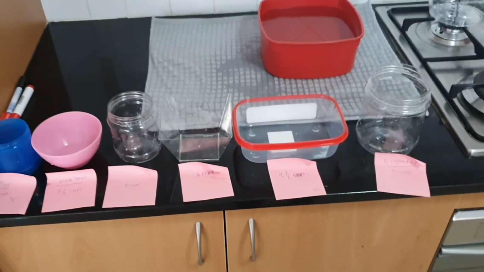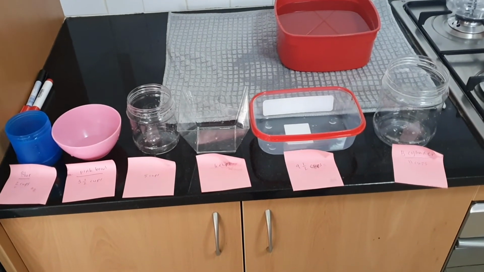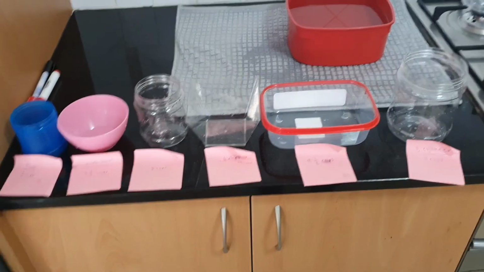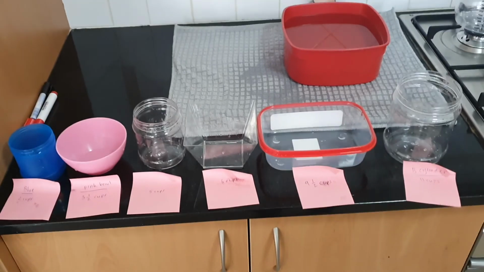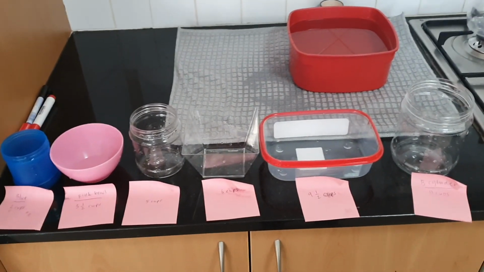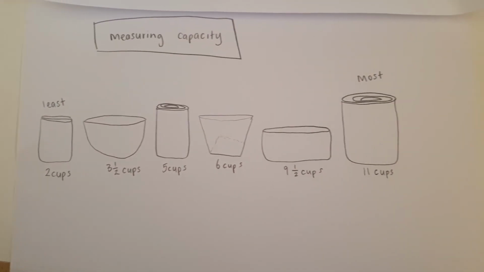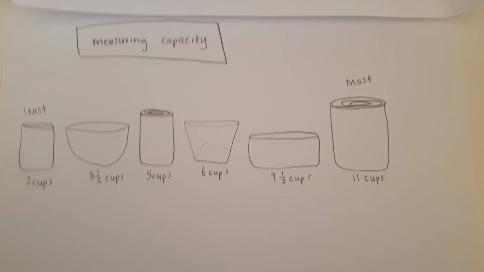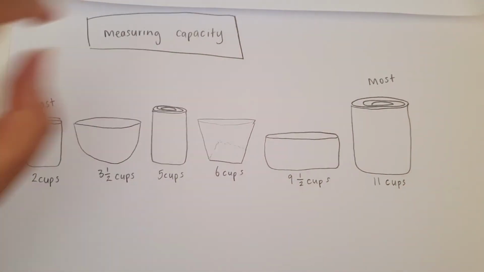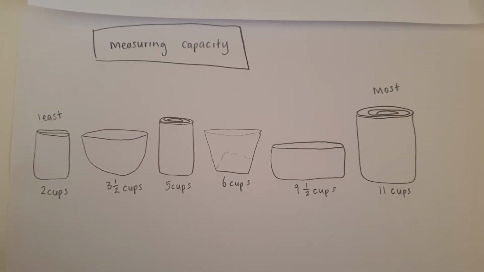I have ordered my containers from least to most. I could order it the other way and have from most to least as well. So that step's done. For the last step of drawing and labeling the picture, here is an example of how I've drawn the least to the most and labeled how many cups below.